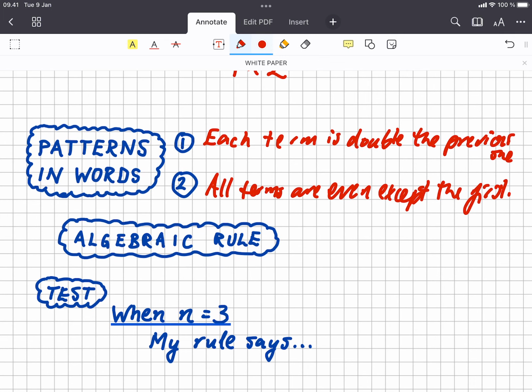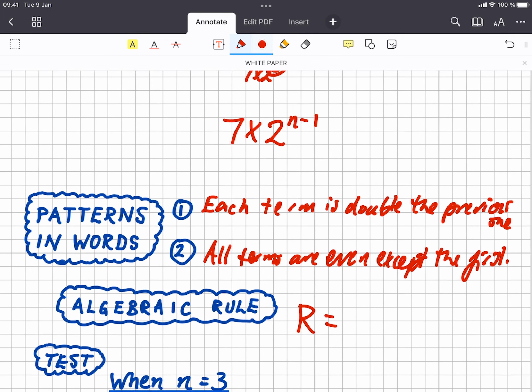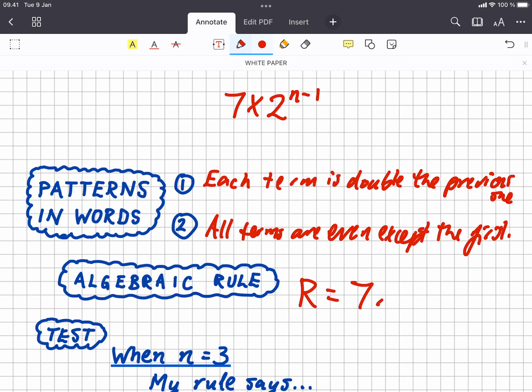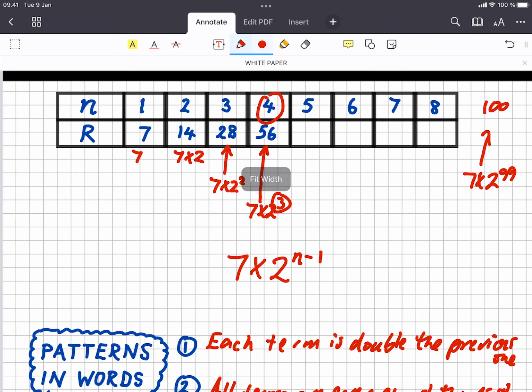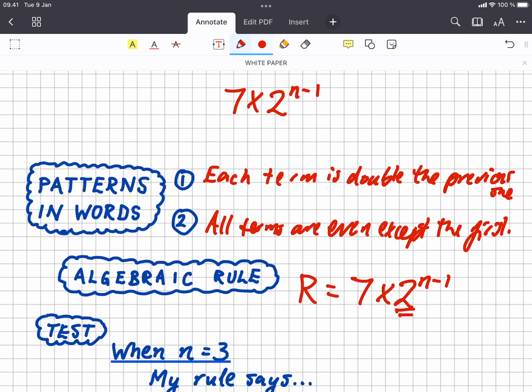So for our algebraic rule, we want to write r equals 7 times 2 to the power of n minus 1. And in fact, a geometric sequence is always the first term multiplied by the common ratio, 2 in this case, to the power of n minus 1.